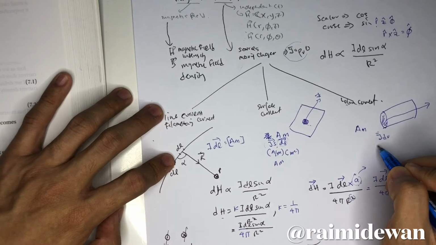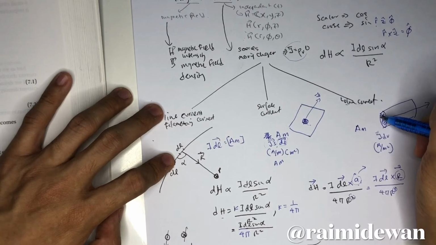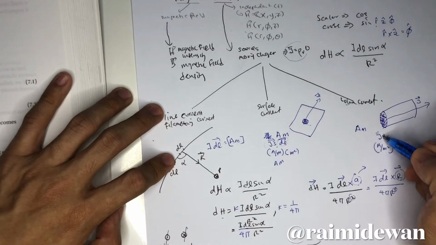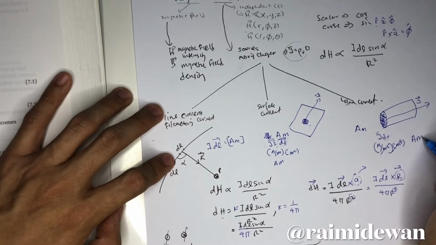So J is what? J is A per meter square. Why meter square? Because we are considering this surface area. So this is your J. Then what is your dV? dV is volume, right? Meter cube. So that's why you have AM.